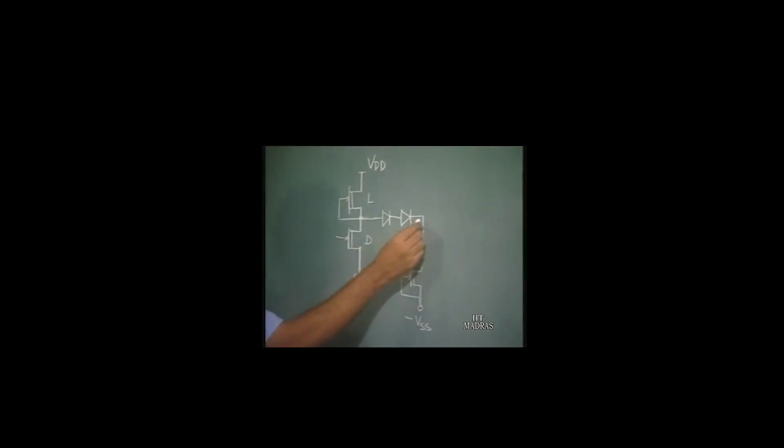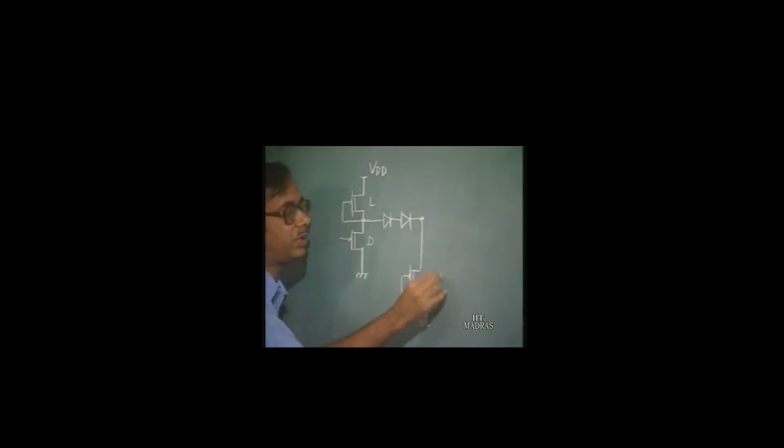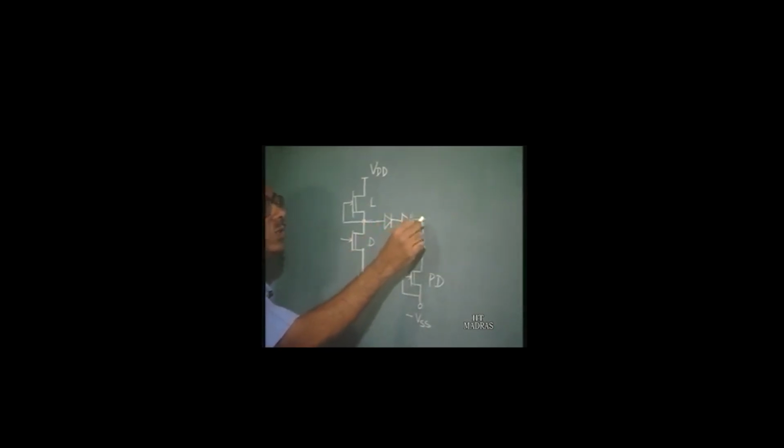A current will always flow through this pull down device. And because of the drop across the diodes, this voltage is going to be level shifted by two diode drops.